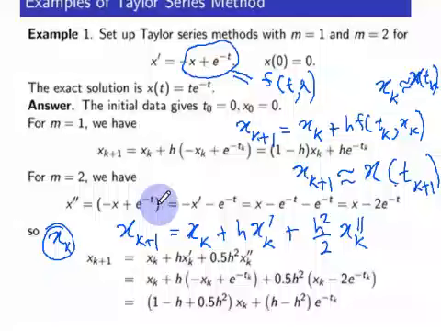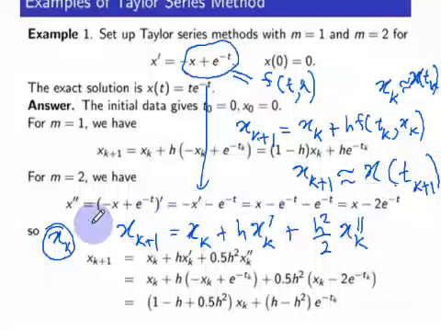When you differentiate this with respect to t, it becomes negative x prime and negative e to the minus t. You can substitute the value of x prime into here, and the negative times negative gives positive, and positive e to the minus t becomes negative e to the minus t.